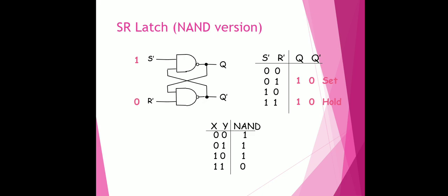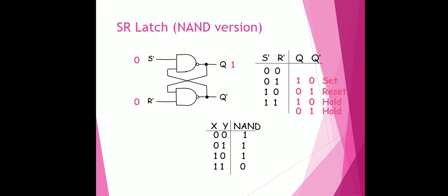And here if we give 1 and 0 as input, then it goes to the 0 and 1 state, which is the reset state. Next, if the input is 1 and 1, then it is in the hold state. So you can see the set, reset and hold states.